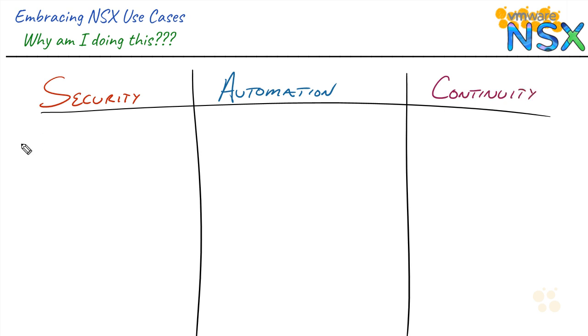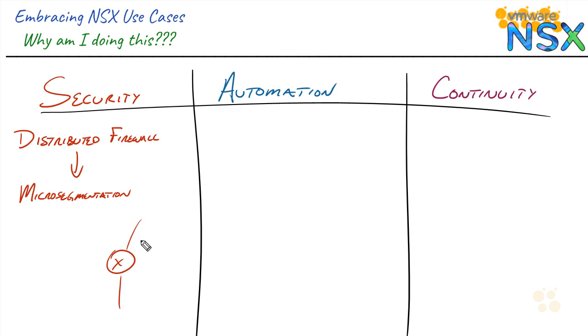On the security side, the biggest aspect is what we're going to refer to as the distributed firewall, which allows us to embrace the idea of micro-segmentation. Instead of thinking in terms of perimeter defense, we now look at the idea of defending each and every interface of a particular VM.